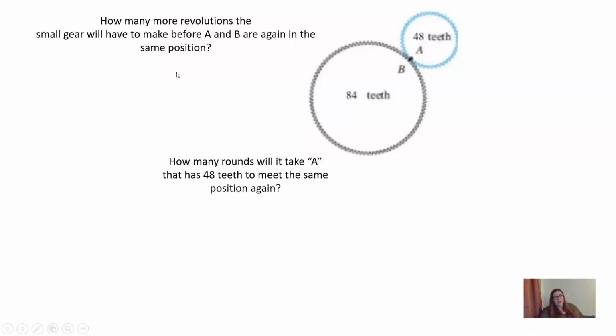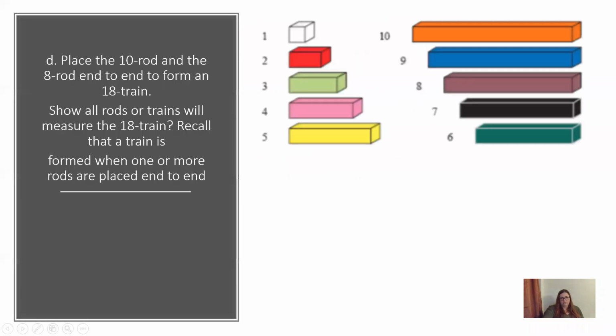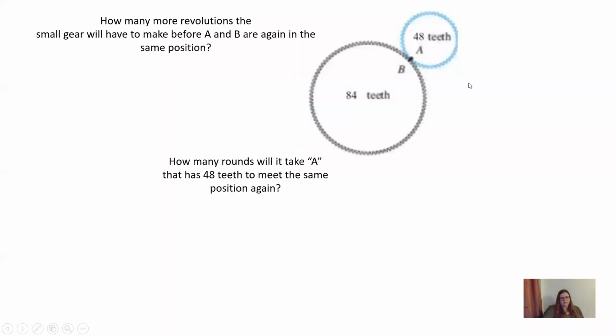All right. How many revolutions will the small gear make before A and B on the teeth are at the same position? So, oops, sorry. So we have 84 and we have 48.